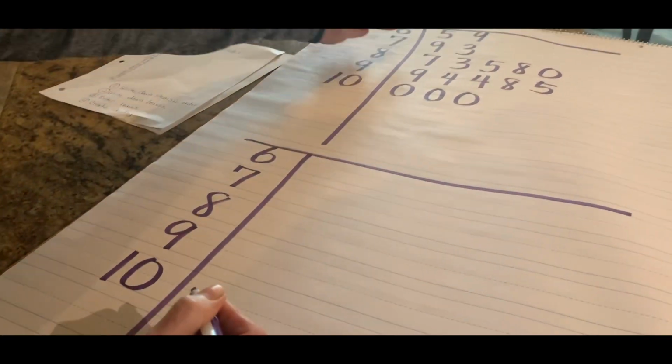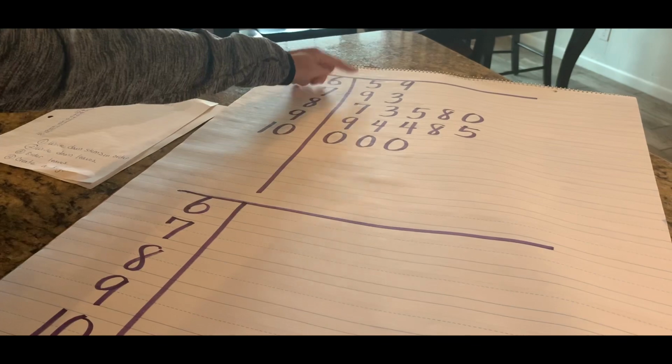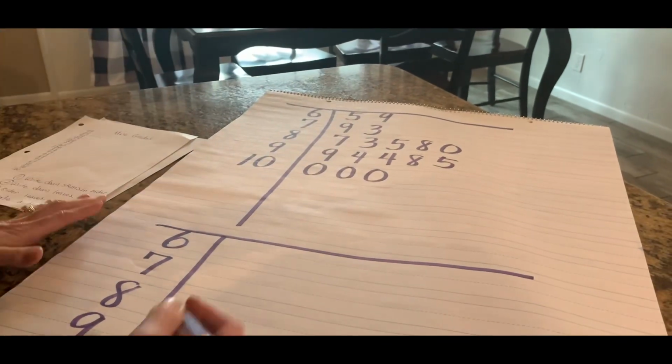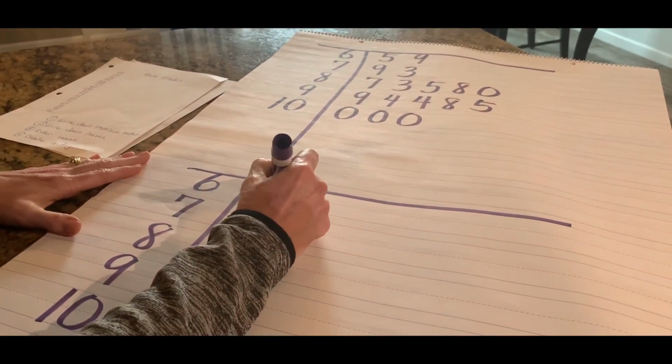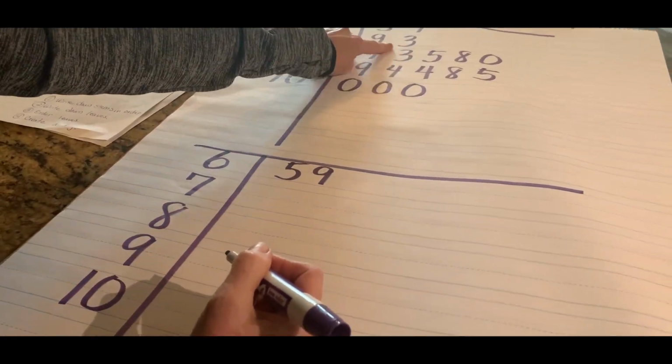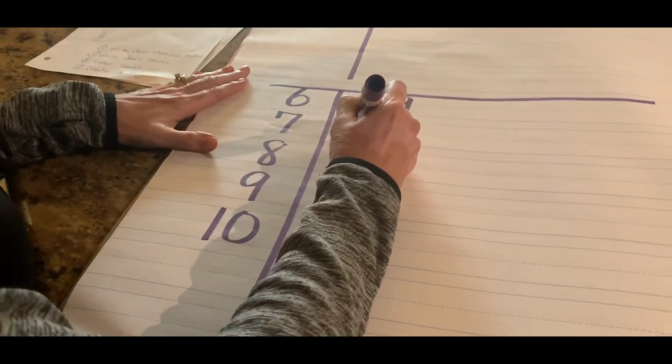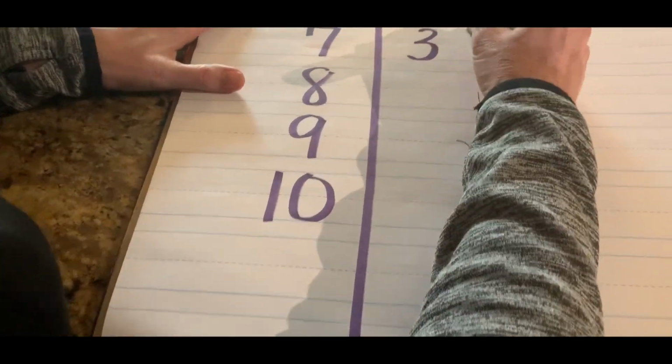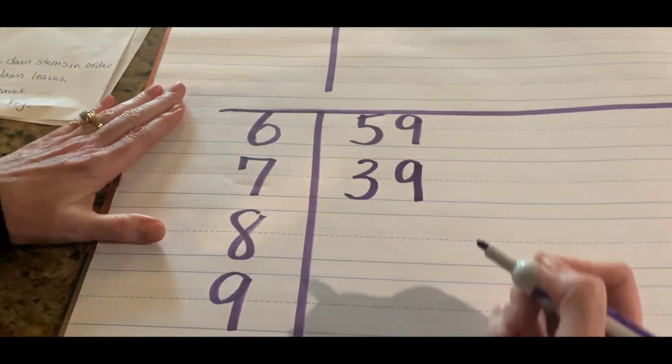Then I'm going to organize my leaves so they're in order. Now I was lucky on that one, it is in order. So I'm going to write the 5 and the 9. But when I look at my 70s, my 9 and 3 are out of order. And so I want to switch those and put them so they're in numerical order. So I want 3 and then 9.